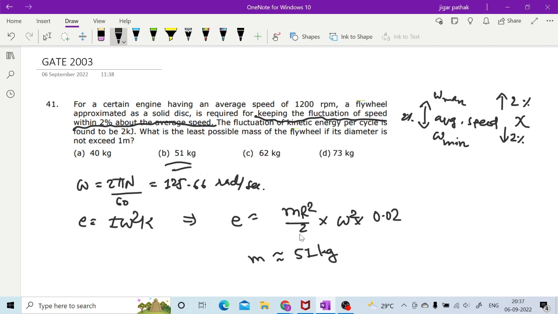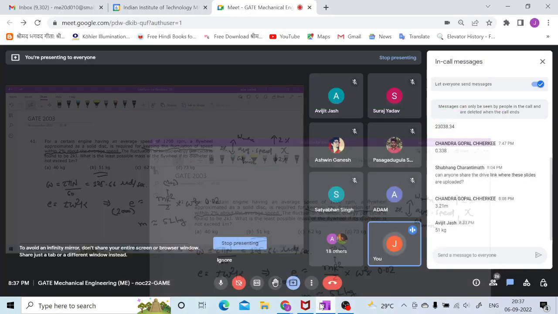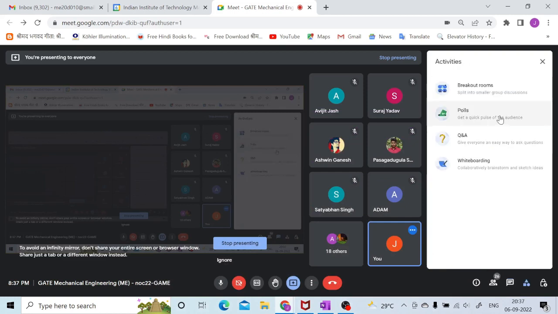So as you have all the data with you, you can calculate that mass is 51 kilograms, right? Because E is nothing but 2000 joules, R is 1/2 because diameter is provided, omega you have calculated, k you have written, so mass you will be able to calculate. So everyone got this one? Yes or no? Yes, sir. Okay.